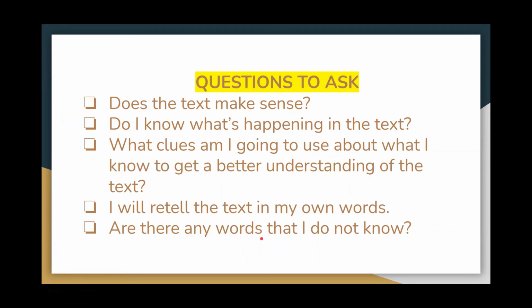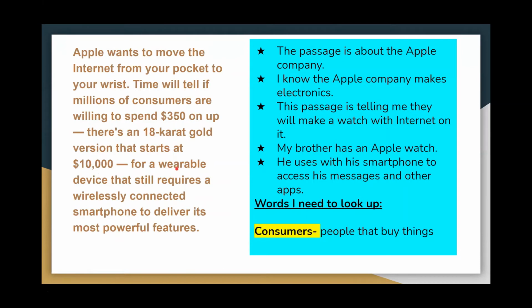Also, are there any words that I do not know? All of these are questions you need to ask yourself while you are reading a text in order to effectively monitor and clarify. So here is my passage, and here are my notes for this passage.